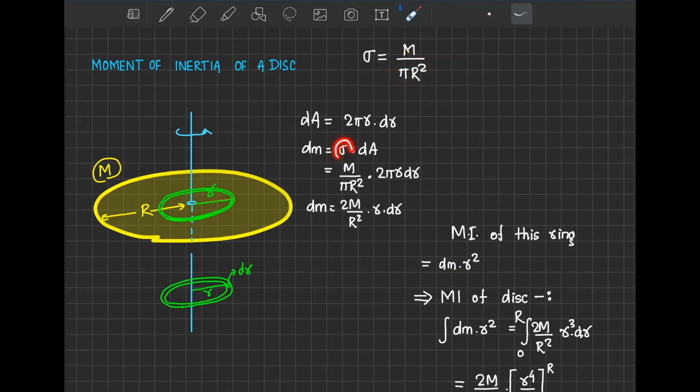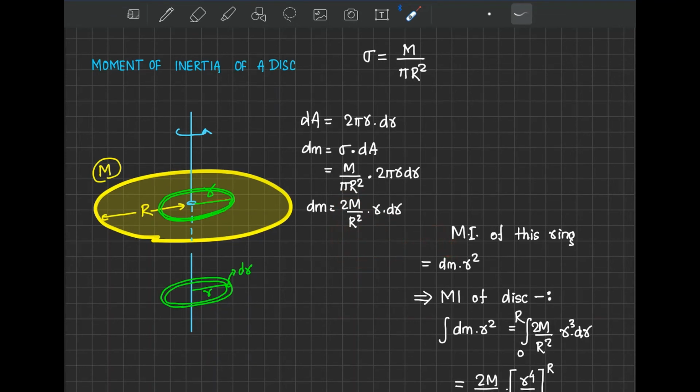So this will be m by pi r square into area of the element, 2 pi r dr. So we got the dm value here. Pi and pi got cancelled out. So dm is 2m by r square into r dr. This is our dm value. We put this dm here.